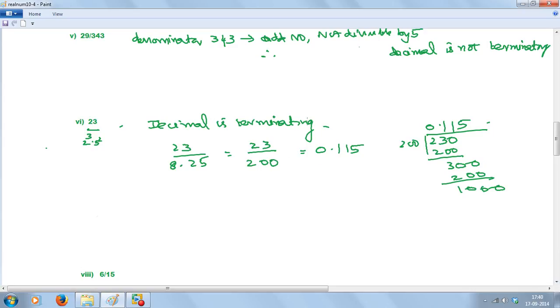So as per the theorem, it is of the form 2 cube and 5 square. So as per the theorem, the decimal is terminating. Now we have also proved it.